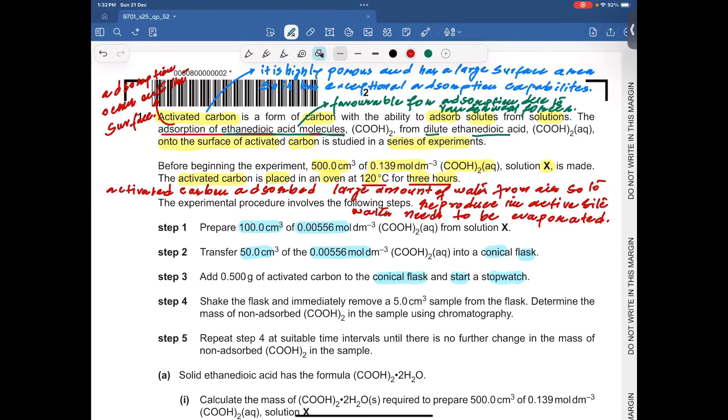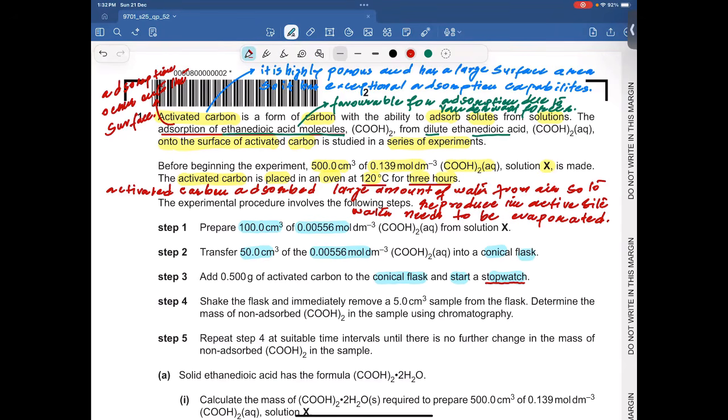Why are we using a stopwatch? Because it is a time dependent process. So initially adsorption is faster, but with time it slows down.